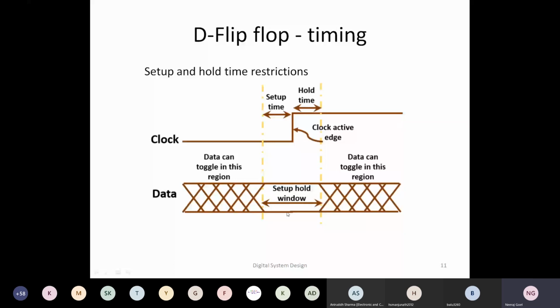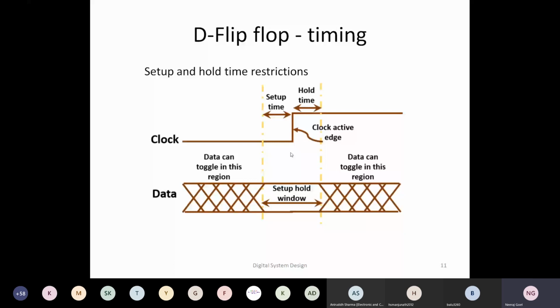What do I mean when I say it is not supposed to change? It means that, let us say data started changing exactly at the clock edge. We don't know, the output will become non-deterministic. If you remember, edge-triggered flip-flops are usually implemented using a master-slave configuration.